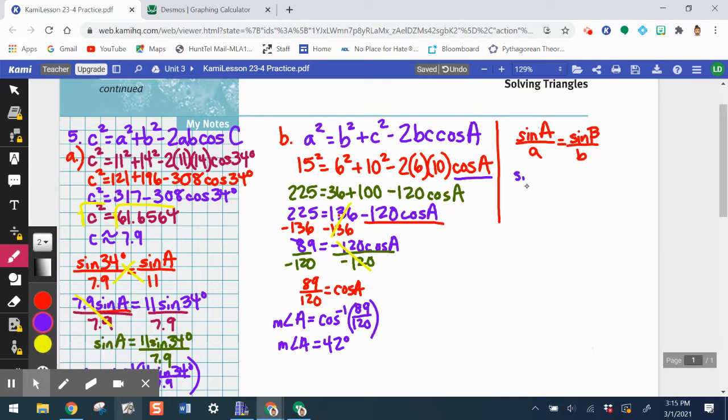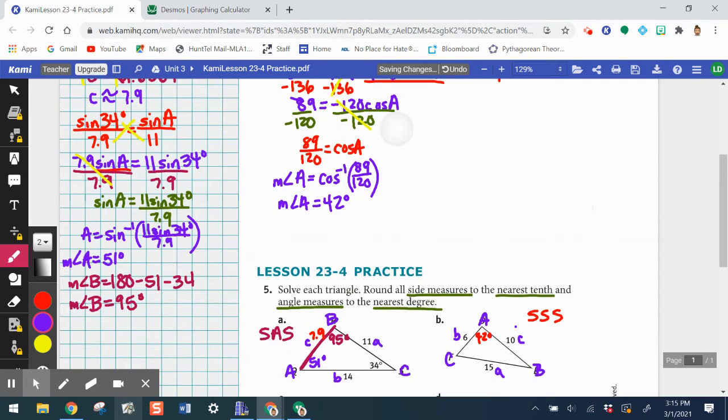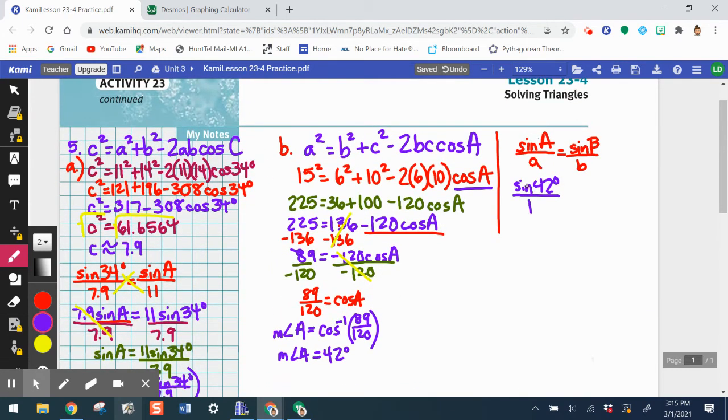We just found the measure of angle A was 42 degrees, so we'll replace A with that. The length of A is 15. Sorry, I keep going back and forth. Got to make sure I write the correct values. We're finding angle B, so we'll leave capital B alone, and lowercase b is 6.